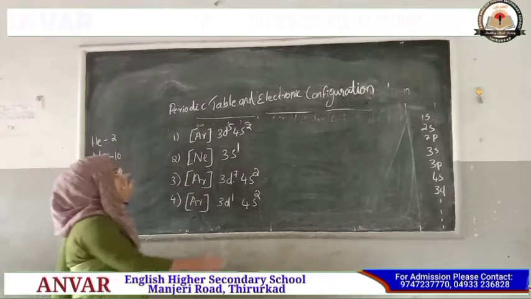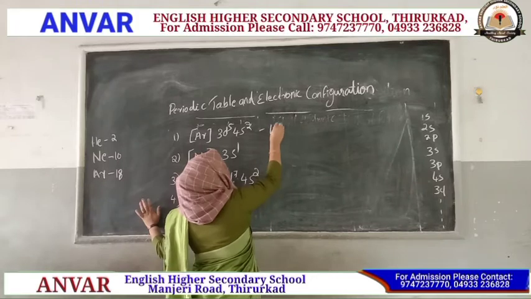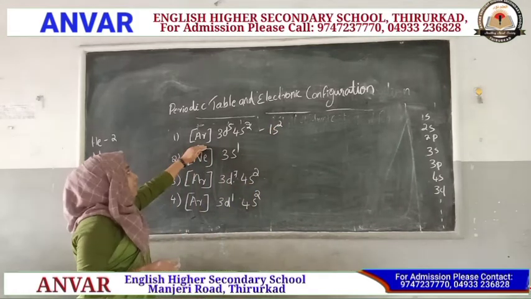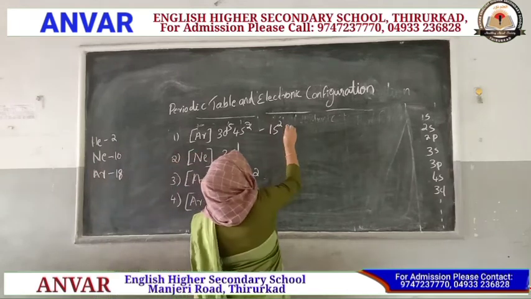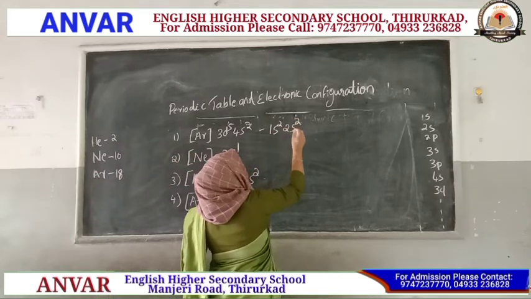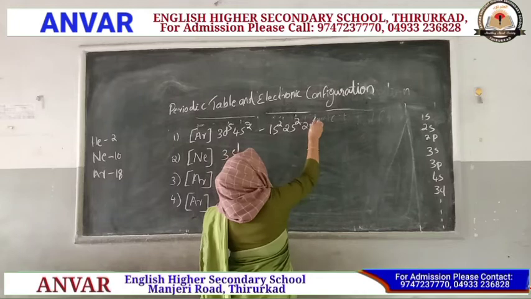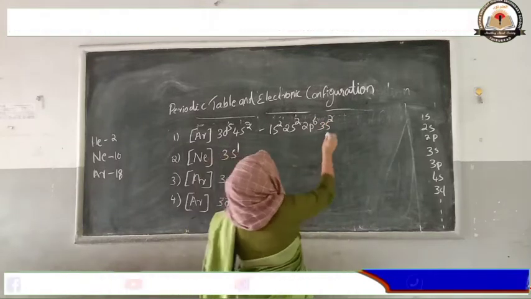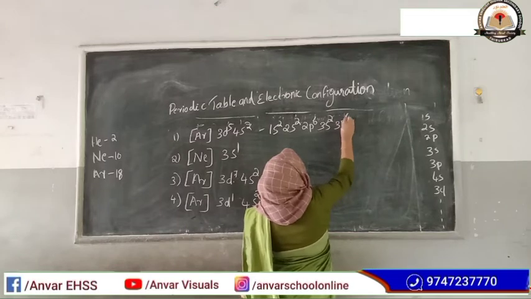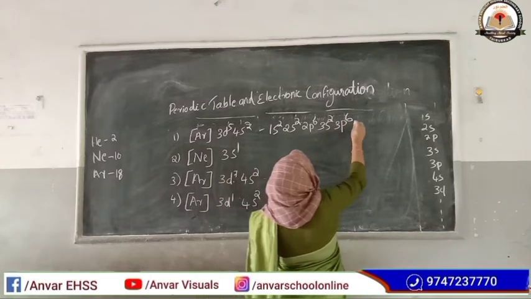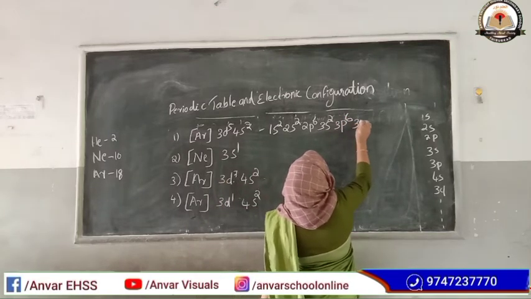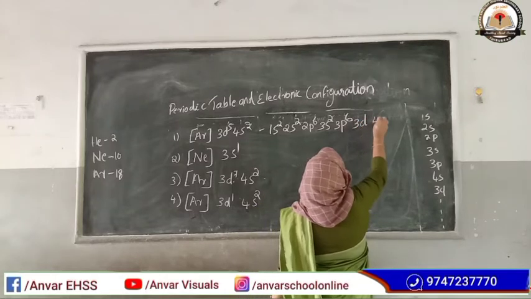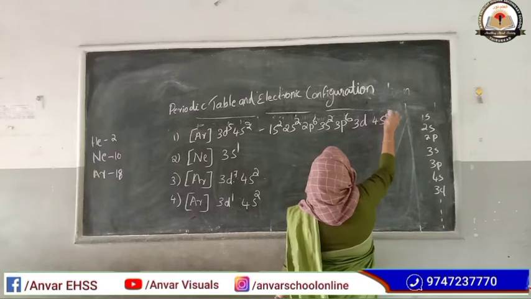So, first we write the subshell electronic configuration of argon: 1s2, 2s2, 2p6, 3s2, then 3p6, and 4s2.